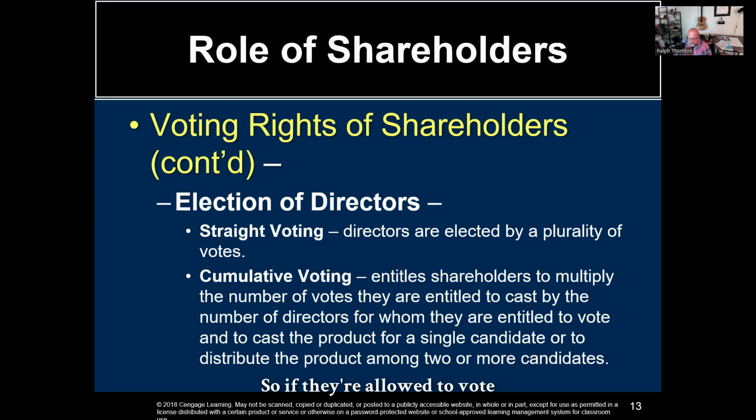So a little bit of math there. If they're allowed to vote for 10 directors and they get one vote per share, they get 10 votes. They can cast all 10 for one candidate, or say, I want 5 votes for this one, 3 votes for that one, and 2 for another. It can be split up however they choose. That's how cumulative voting is set up.